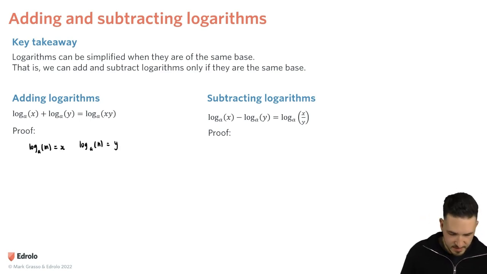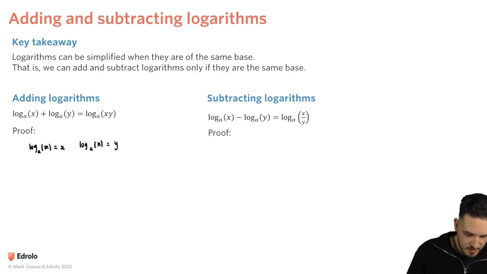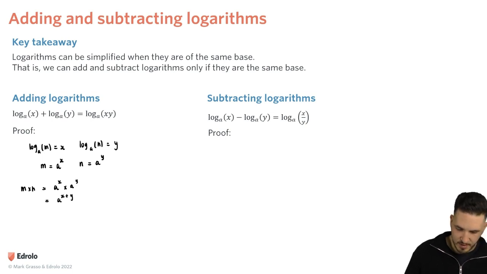From this we can see that by undoing the logarithm in each case, we're going to have m equals a to the power of x and n is equal to a to the power of y. So if we found m times n, this is going to be equivalent to a to the power of x times a to the power of y, which is equal to a to the power of x plus y.